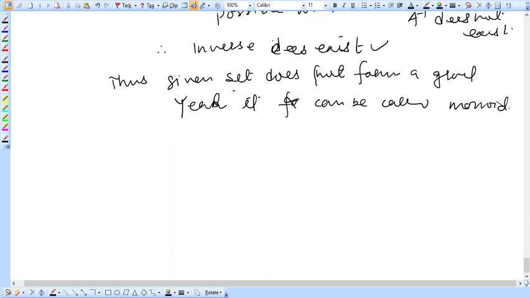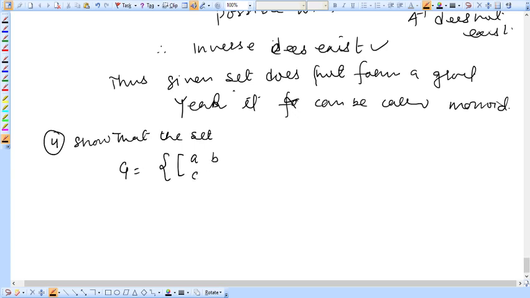So that the set G equal to ABCD such that AD minus BC is not equal to 0, right?